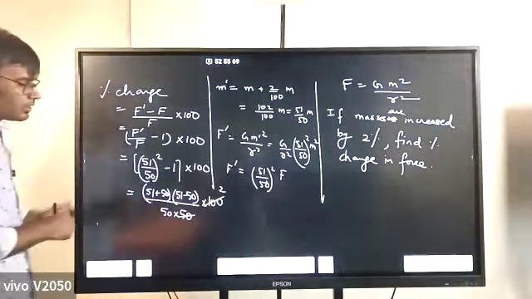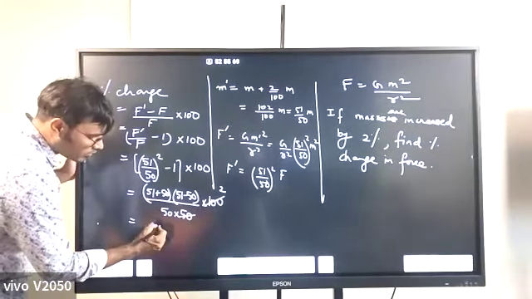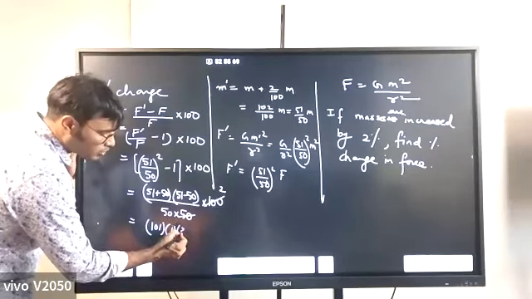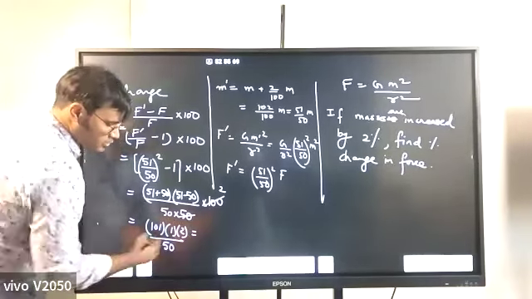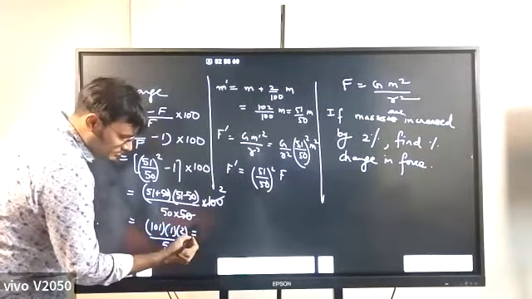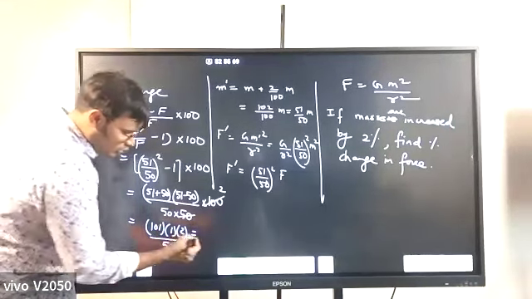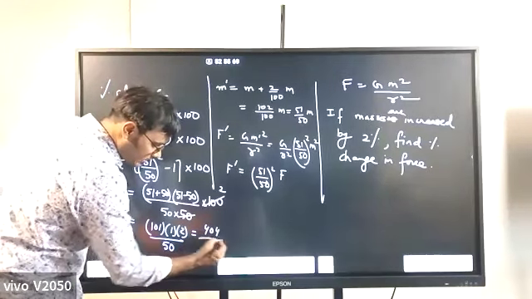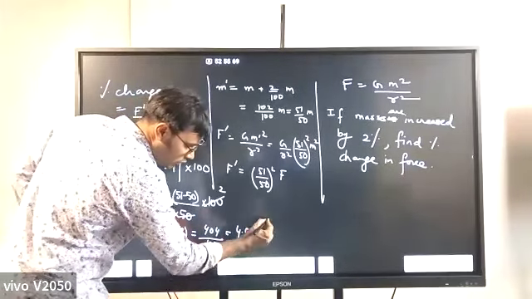So this will be 2, and what we are getting is 101 into 1 into 2 divided by 50. This I can multiply by 2 now. So 404 by 100. Check the calculation. I think you should be getting 4.04%.